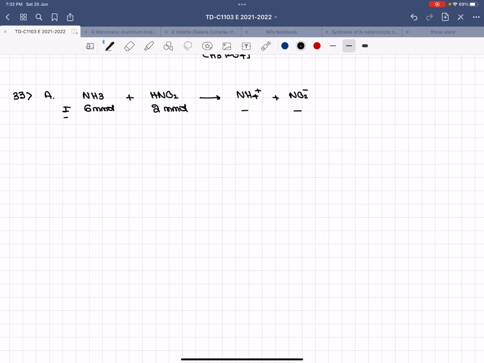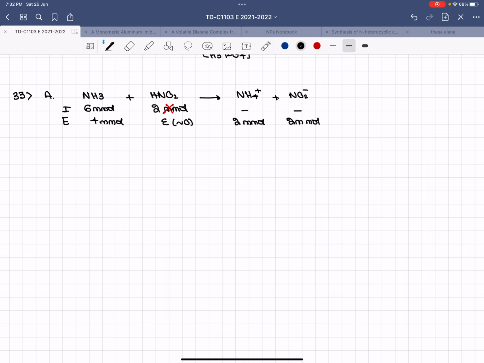At the end, this is a complete reaction. The limiting reagent will tend to 0, meaning it will be a value of epsilon, approximately 0. 6 minus 2, this will be 4 millimole. 2 millimole produced. 2 millimole produced.